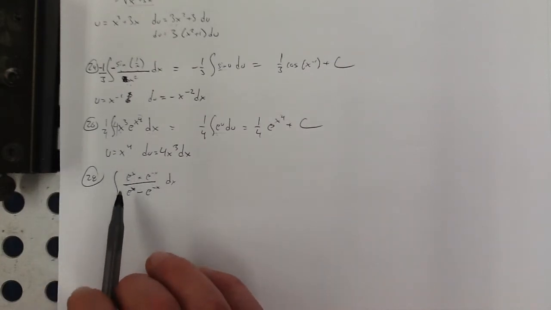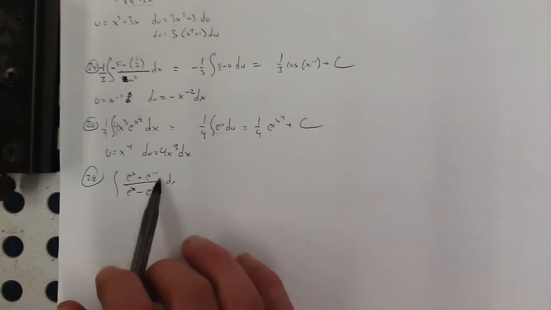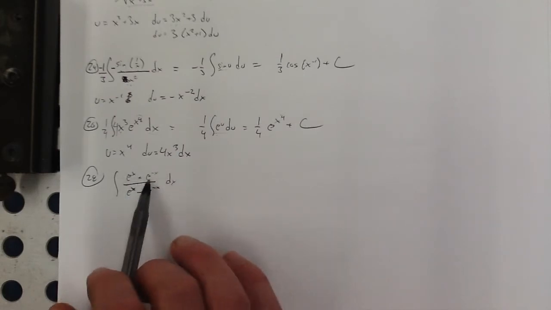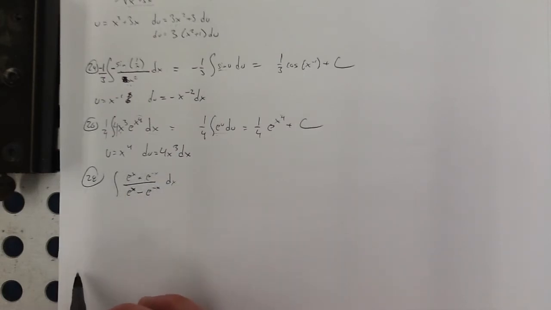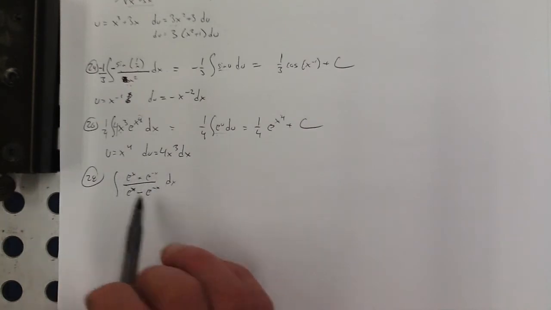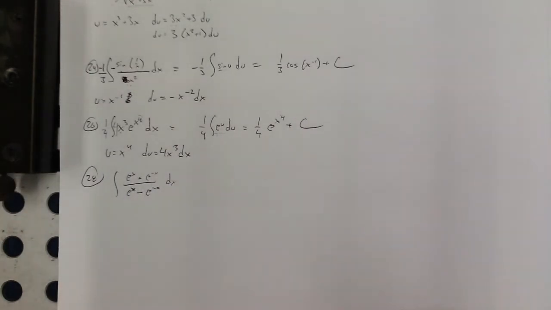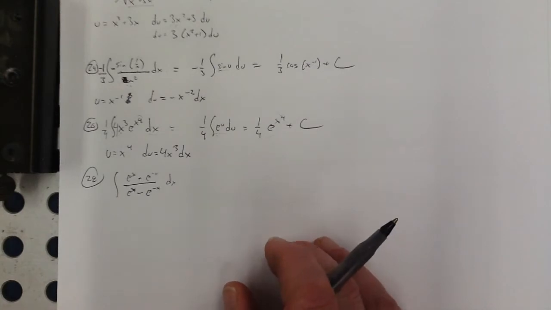You can try it, but you need something to be factored out with the dx. If you have a bunch of addition and subtraction with your du's, that's not going to work.